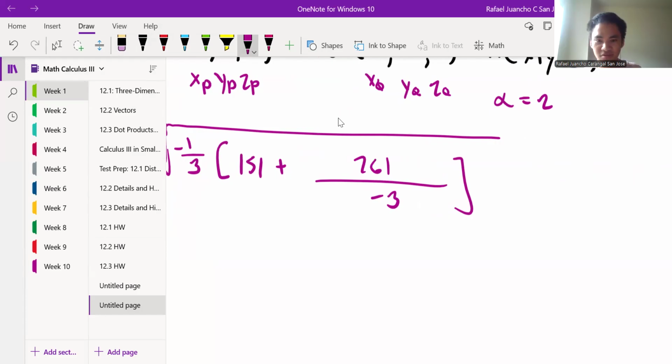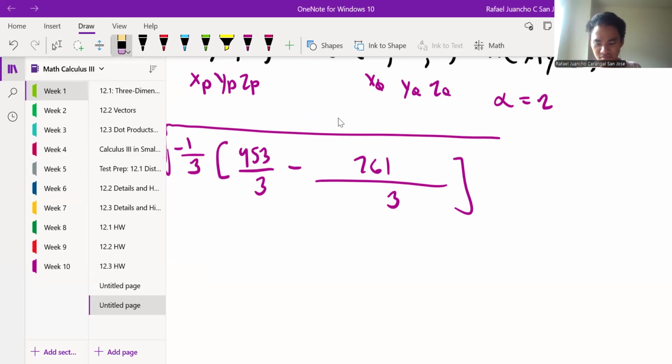Can we divide this by 3? Nope, I don't think so. This is a negative, so we subtract 151. Maybe we can get a common denominator here, so this is 453 over 3. And we get a negative value, which is perfectly fine because this will give us a positive value.